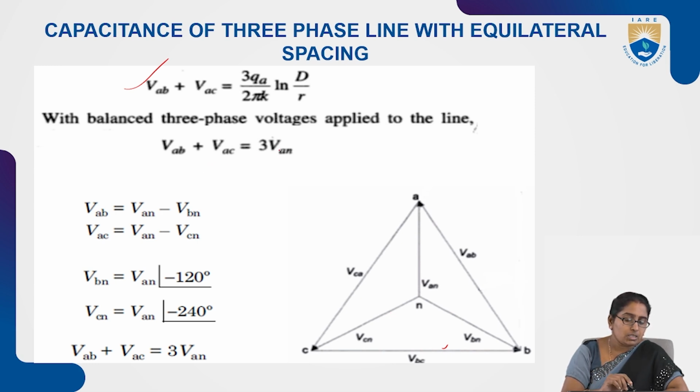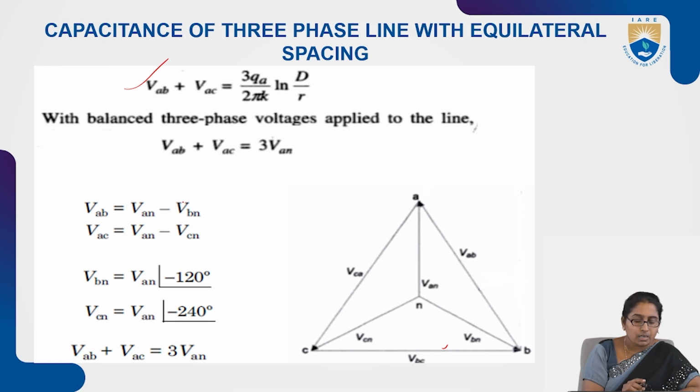VAB plus VAC is equal to 3 VAN, because we know VAB can be written as VAN plus VNB, and VNB can be written as minus VBN. Similarly, VAC is VAN minus VCN. If we add both, we get 2 VAN minus of VBN plus VCN.